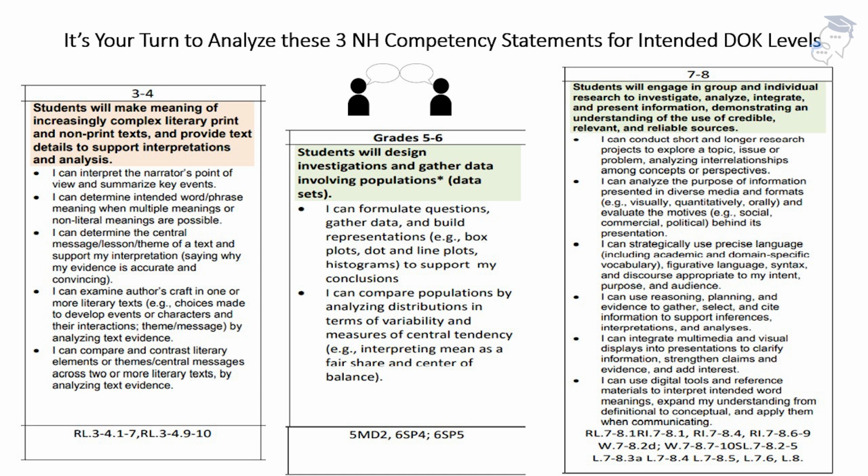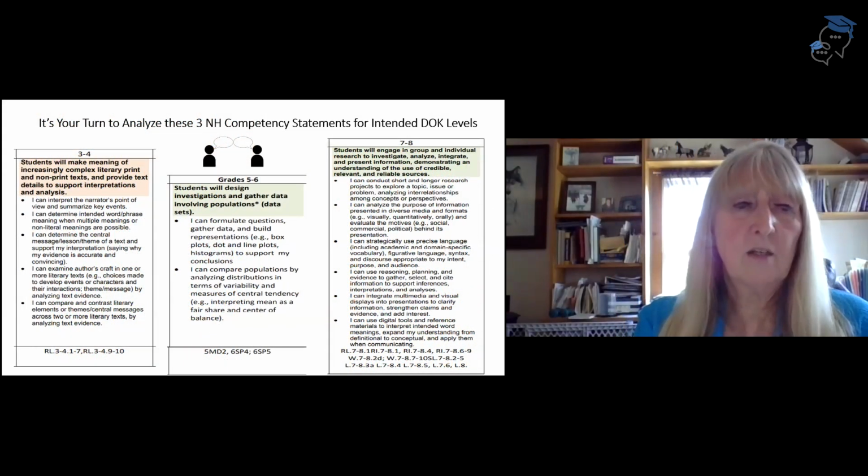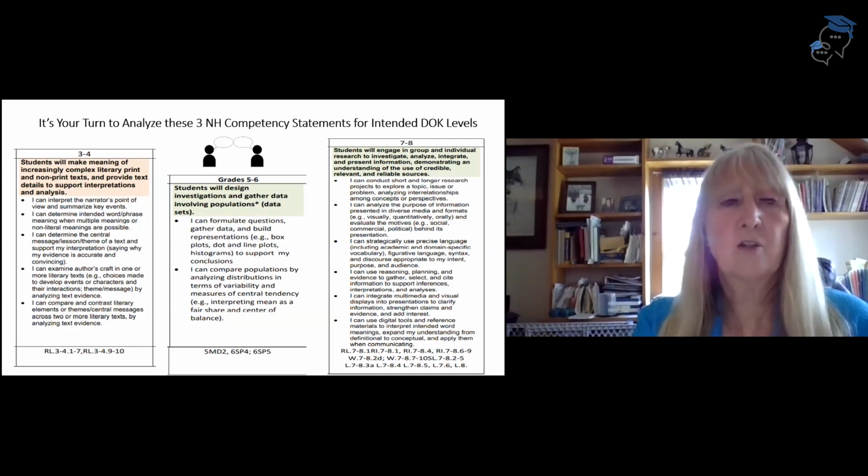These are 3 different competency statements. Underneath each competency statement, you will see I can statements. And at the bottom, they've already aligned them to different standards. So if I went down to the standards and I saw RL, well, that's reading literature. Standards 3, standard 9, 10. So those standards are aligned already.